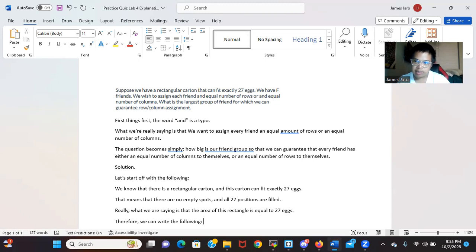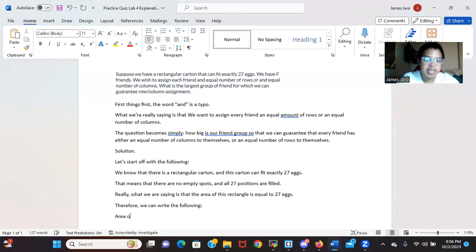We know the area of a rectangle is given by length times width, or, to make more sense in the context of this question, the area of a rectangle is equal to rows times columns.